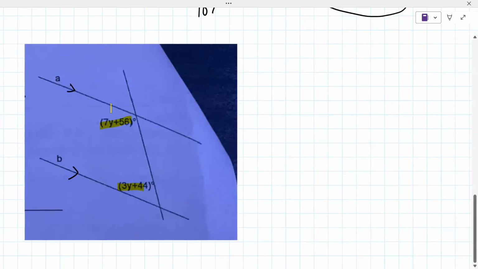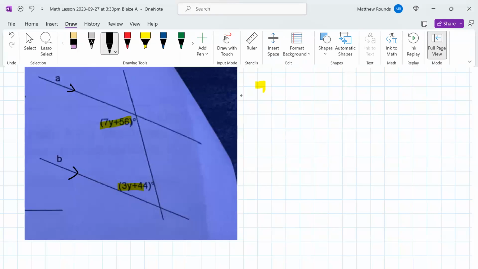Same side interior. Yes. Are these congruent or do they add up to something? They add up to something. Do you know what they add up to? 180. Very good. So we're going to write some more equations.